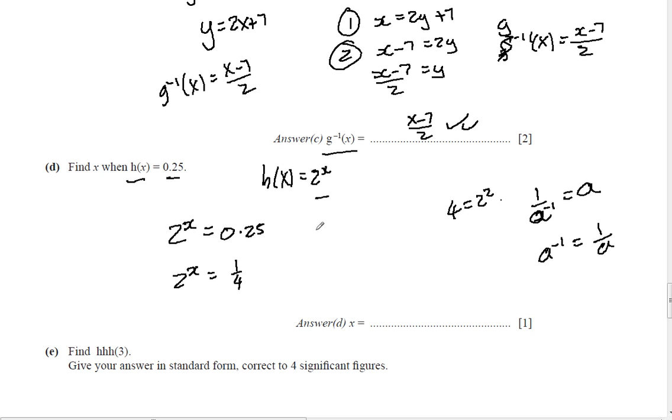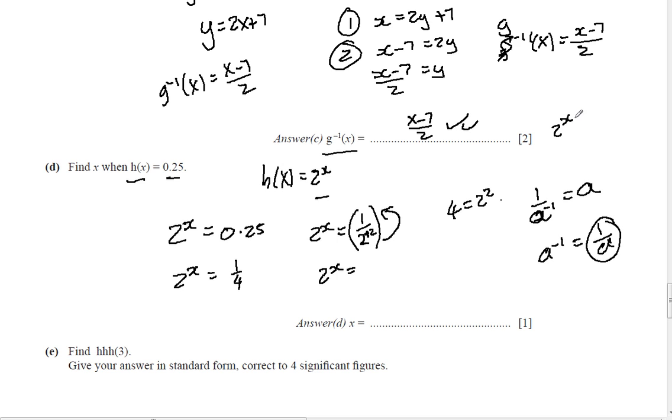So what we have over here is actually 2 to the x is equal to 1 over 2 to the positive 2. But we make this exponent 2 squared come to the top by making it negative.